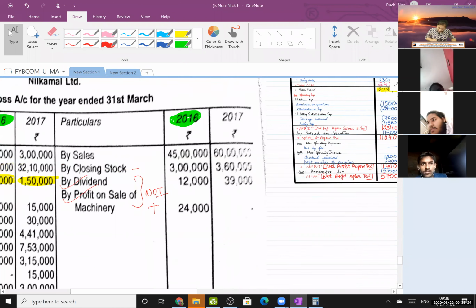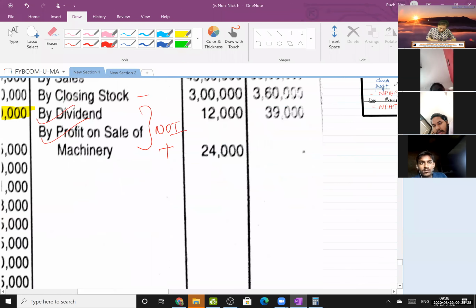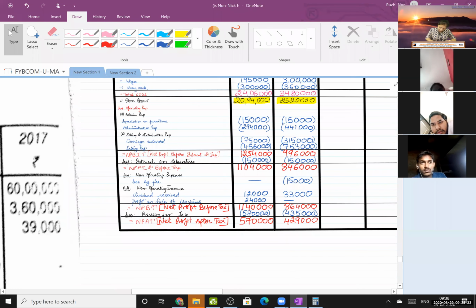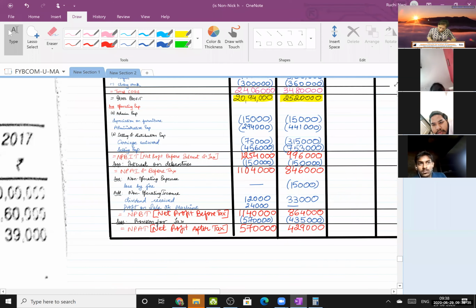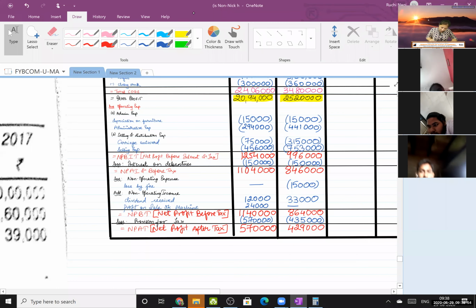Mine is coming 4 lakh 29, but it should be 4 lakh 35. So even this is 39.